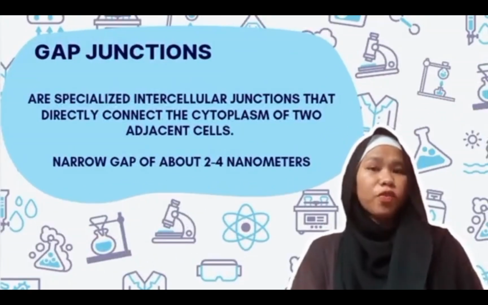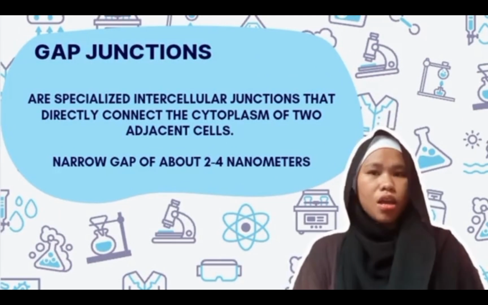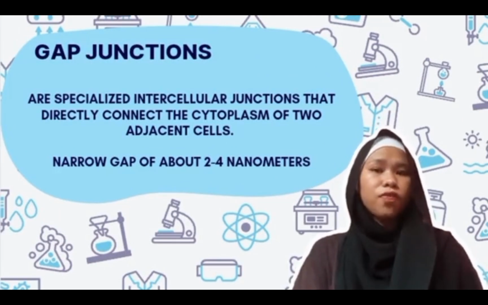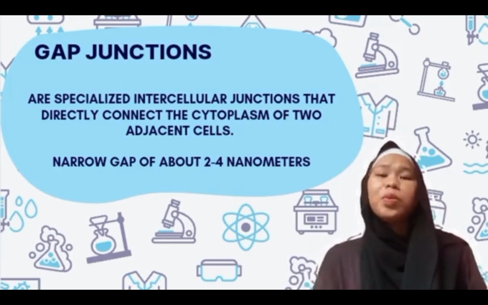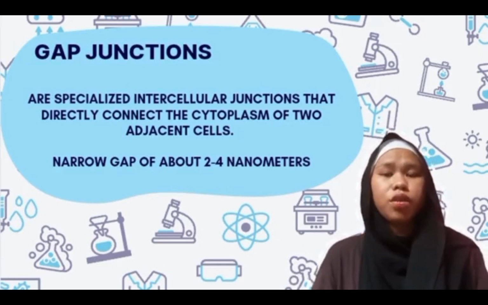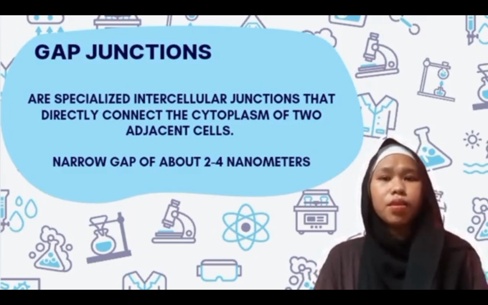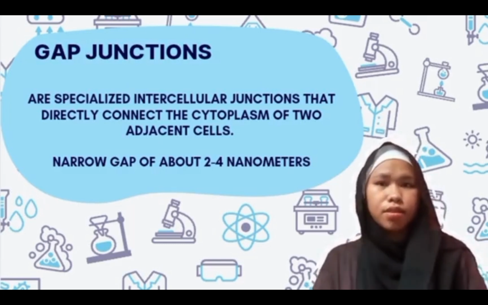Okay, so now let's move on to our next discussion, and that's the gap junction and plasmodesmata. We're going to talk about their function, structure, and importance. First, we're going to talk about the gap junction. Gap junctions are specialized intercellular junctions that directly connect the cytoplasm of two adjacent cells.